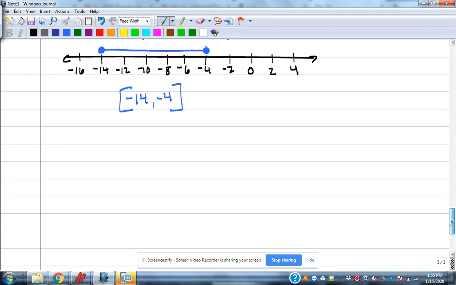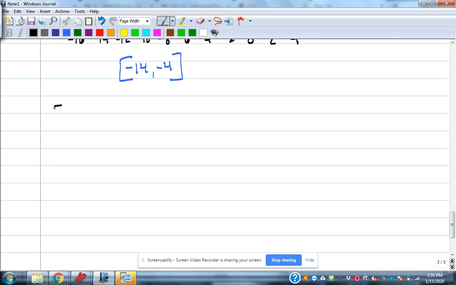All right. Last example of the day. So we had negative 4, absolute value of 9 minus 3x, minus 9 is less than 75. Okay.